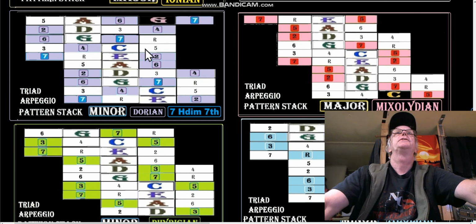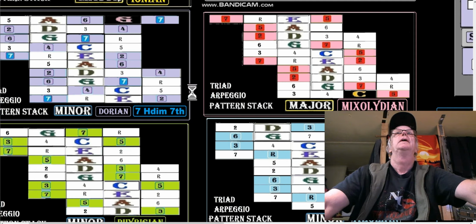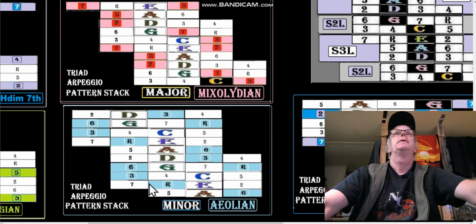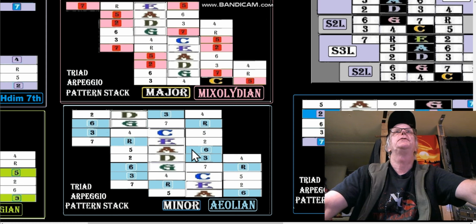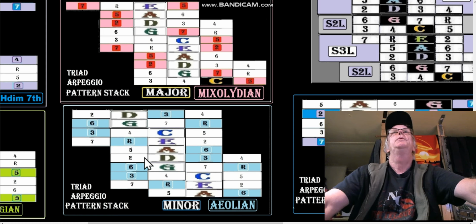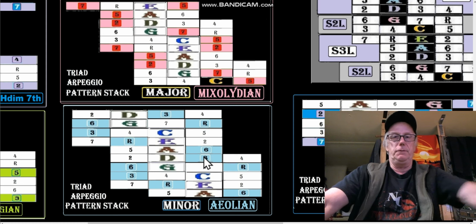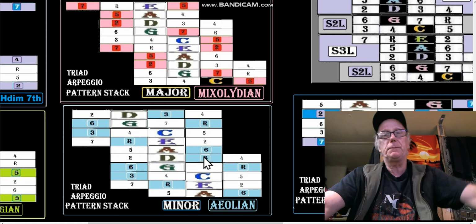There's G minor shape for Dorian. Aeolian is G minor shape. But you know, if we take any 6 strings anywhere else in this board, say from 2 to 2 here, and make a fretboard there, if we started on the 2, let's say, we wouldn't have a G-shaped bottom triad.